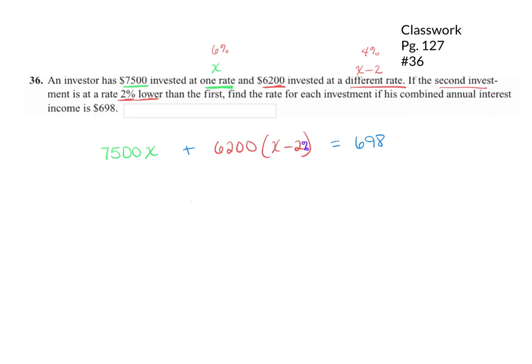Make it a decimal, so the 0.02. Right. So when you actually do your math here, you want to say 7,500 times x plus 6,200 times x minus 0.02. All right? And that will equal my $698.